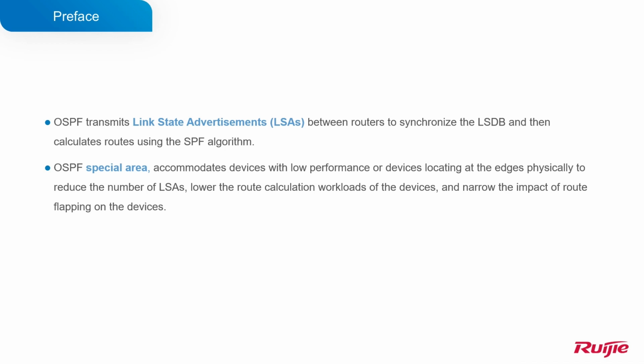Next is the OSPF special areas. The special areas are the stub area, totally stub area, NSSA area, and totally NSSA area. The function of these four types of special areas is to help devices which are low performance or located at the physical edge to reduce the number of LSAs.